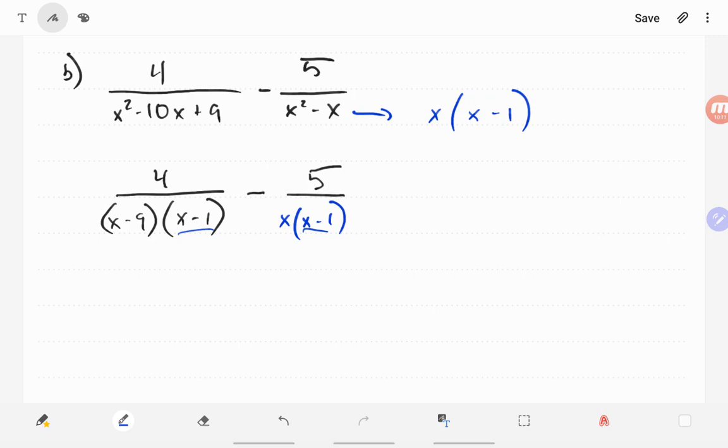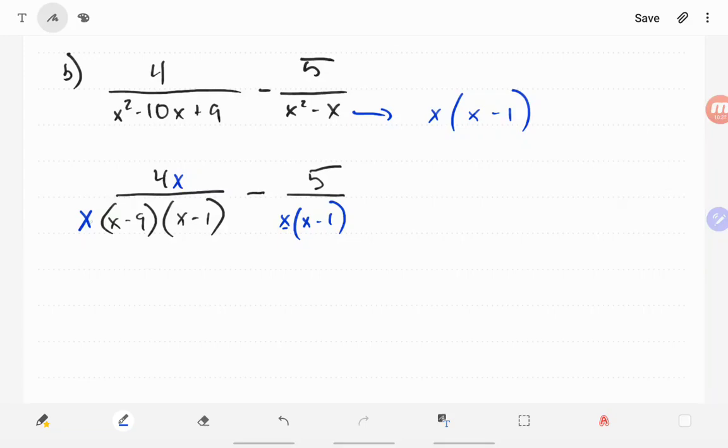We want to find things that are common. And now we can start multiplying both of these fractions by whatever the other one has. Right, so I see an x over here, so I want an x over here as well.